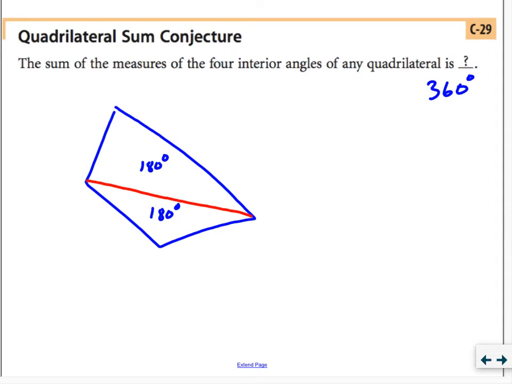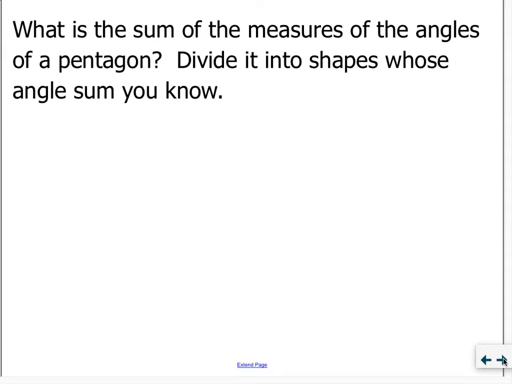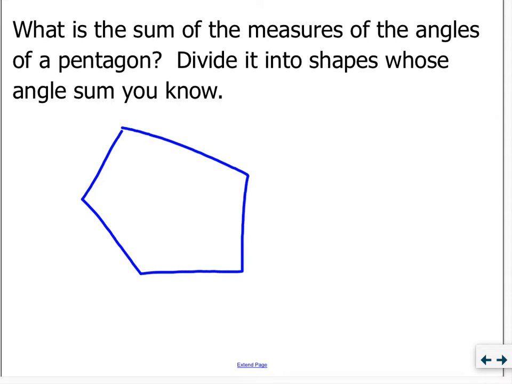But let's extend that a little bit. Suppose you want the sum of the measures of the angles of a pentagon. Remember, a pentagon has 5 sides. And again, divide into some shapes whose angle sum you know. Here's the pentagon.